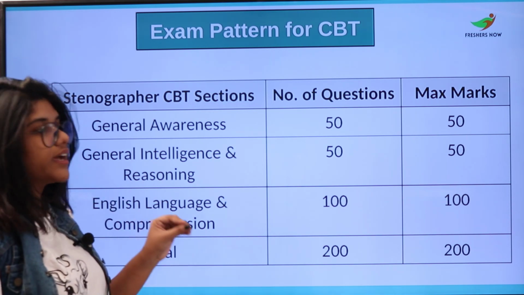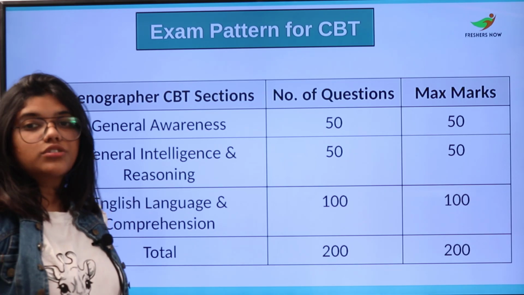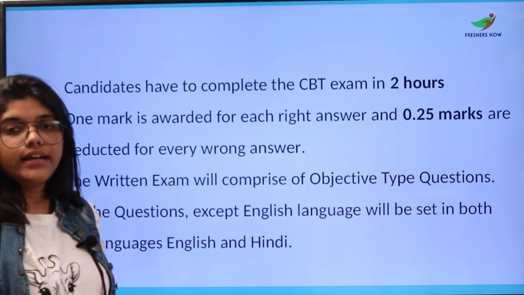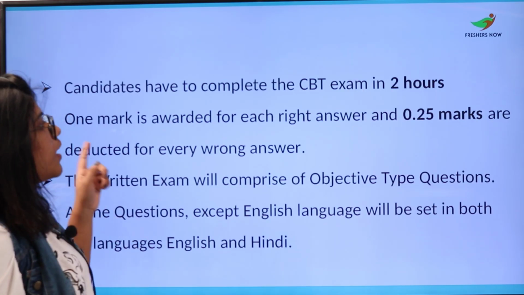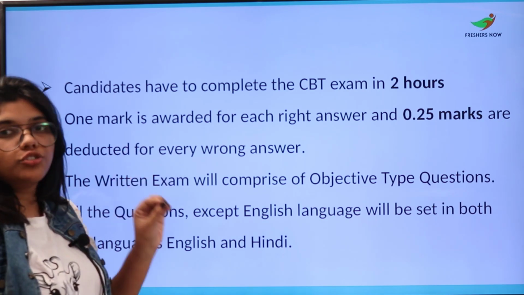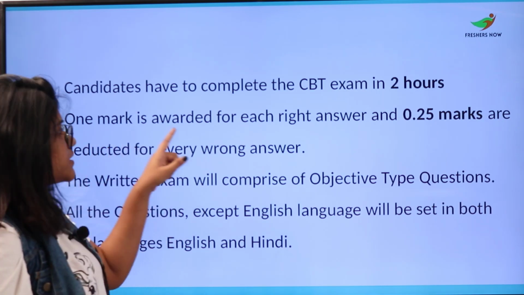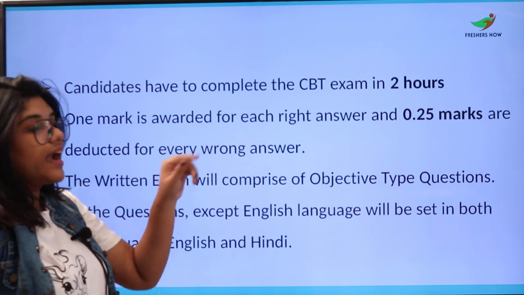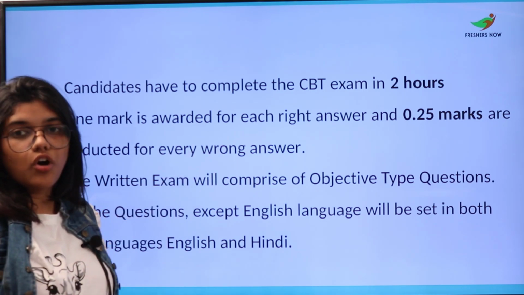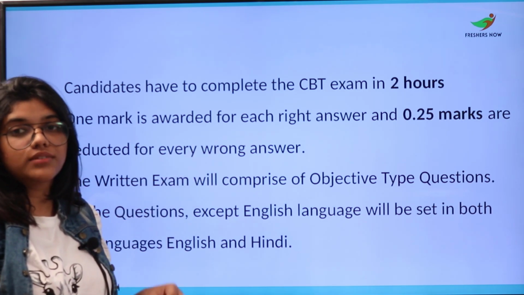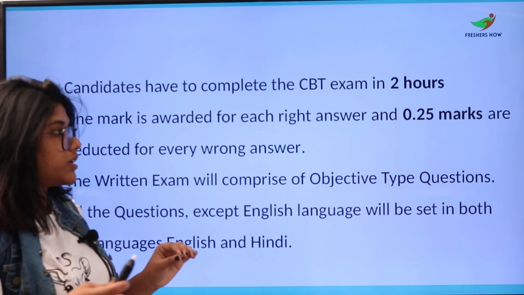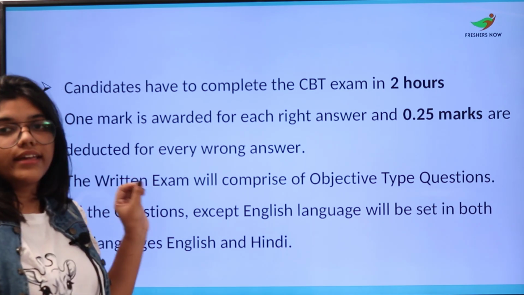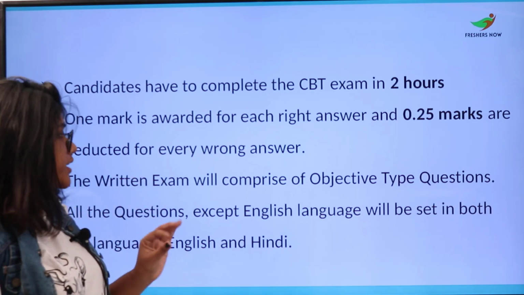So overall you will get 200 questions with 200 marks. Now candidates, please note that you have to complete the CBT exam in 2 hours and 1 mark is awarded for each right answer, and if you have attempted any wrong answer, 0.25 marks will be deducted for that particular answer. So there is negative marking for every wrong answer that you give.